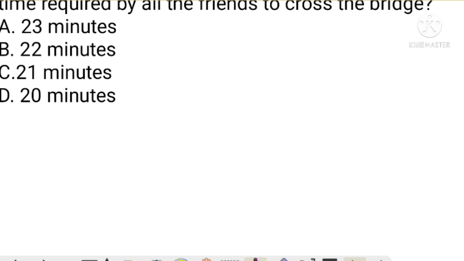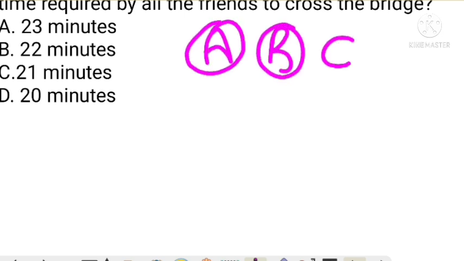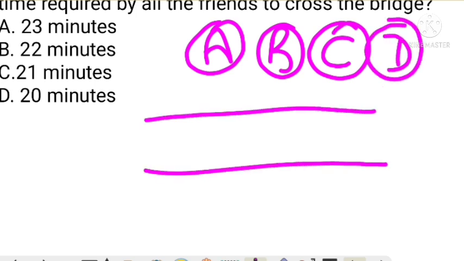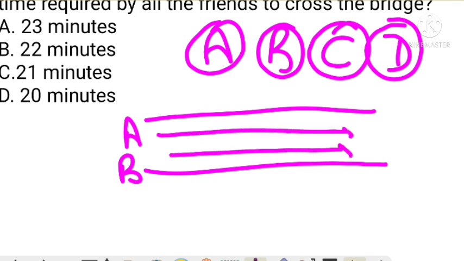Okay, these are four friends A, B, C, and D. First of all, this is a bridge, and let us see that A and B cross the bridge in the starting. The time of A is 1 minute and the time of B is 2 minutes. They both have to walk with the slower speed so that both can cross the bridge.